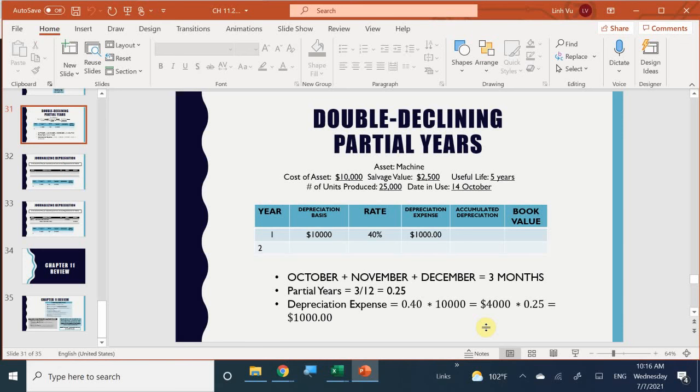If you were to continue, since we don't have the previous year, the accumulated depreciation will be 1,000, and the book value will be 9,000. Got it, thank you.